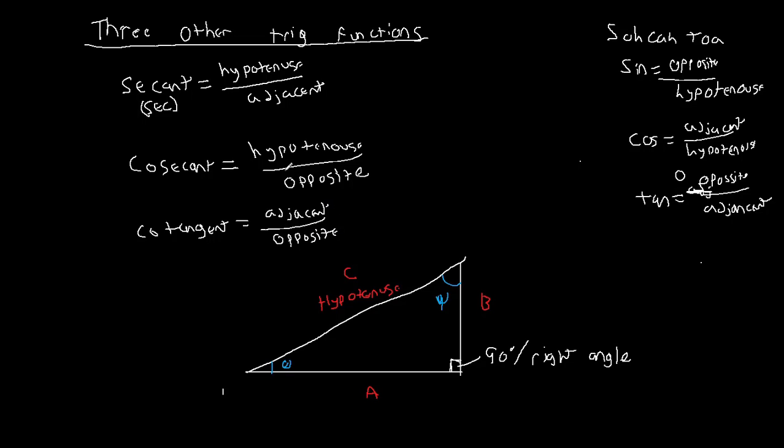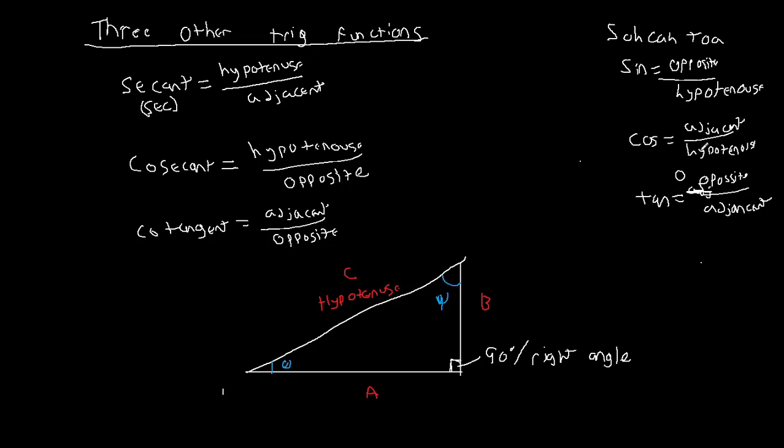Now I want to just take a second. I want to let these three definitions sink in. And then I want to look and see how these compare with our original three trig functions that we defined in the previous video. What you might notice here is that secant is hypotenuse over adjacent, whereas cosine is adjacent over hypotenuse.